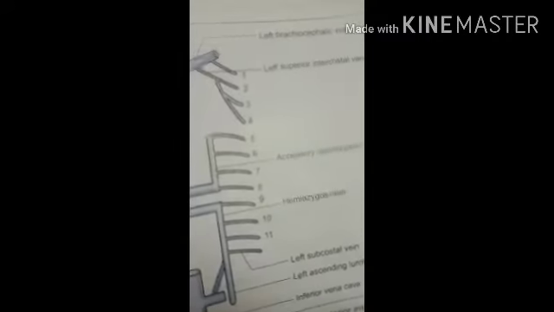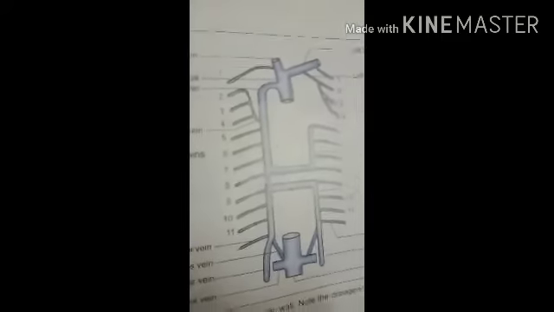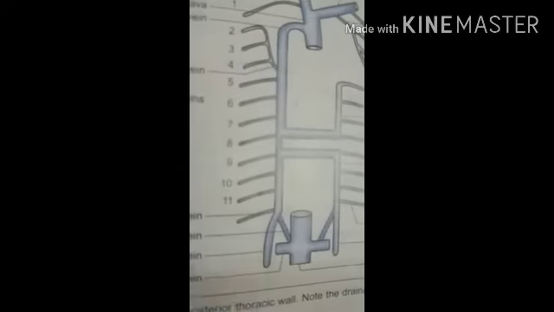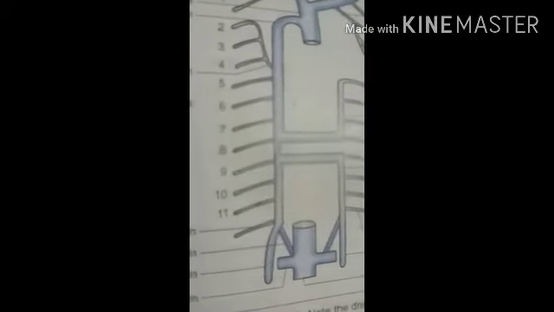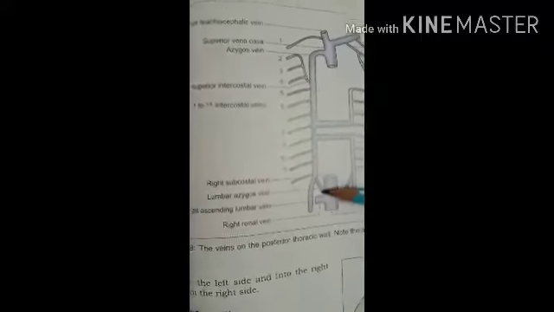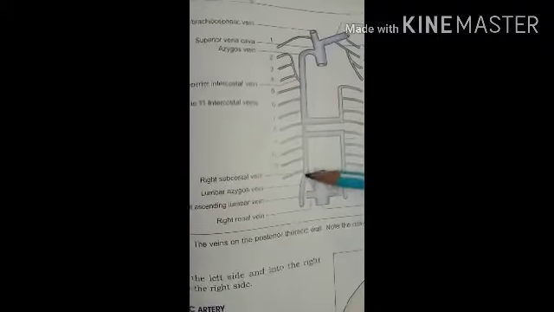After that we have to see the formation of the azygous vein. So it is formed by the union of the right subcostal and right ascending lumbar vein. So here you can see that is the right ascending lumbar vein and the right subcostal vein.